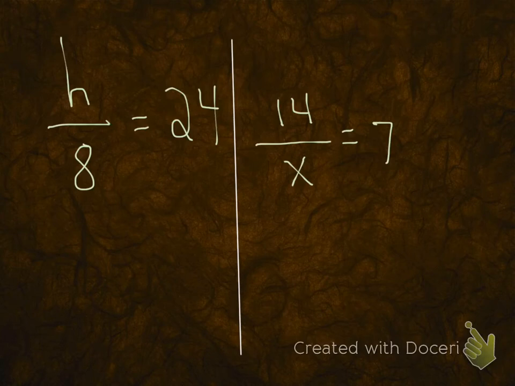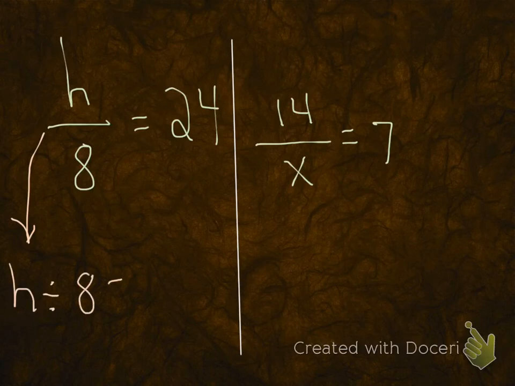Here we have h over 8 equals 24. We could say that in our heads as what number over 8 equals 24? And the extra little tip, remember this fraction bar means division. So we could also say what number divided by 8 equals 24.